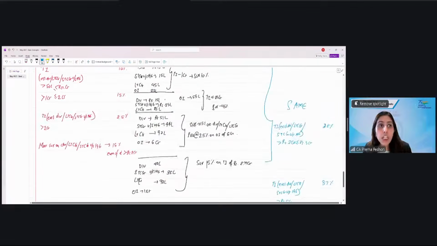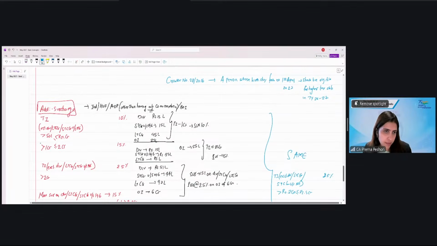Let's say the surcharge starts from 50 lakh rupees, it goes up to 1 crore, then it goes from 1 crore to 2 crore. So let us say, for example, my income is marginally higher by this amount.